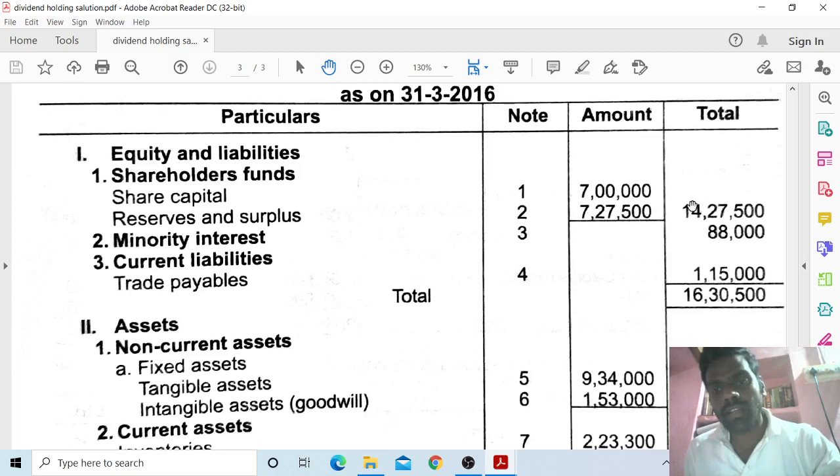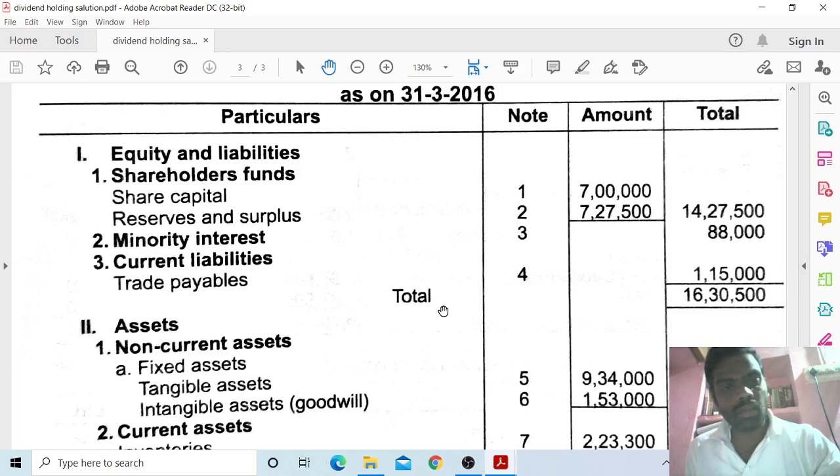These two are added: 14,27,500 rupees. Next, minority interest, note number 3, 88,000. Then current liabilities, note number 4, trade payables 1,15,000.